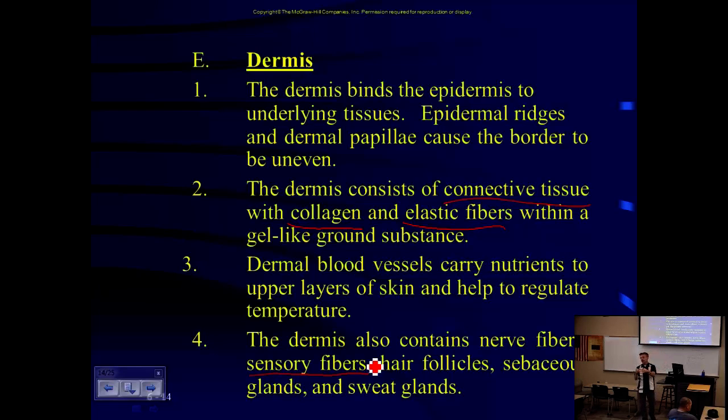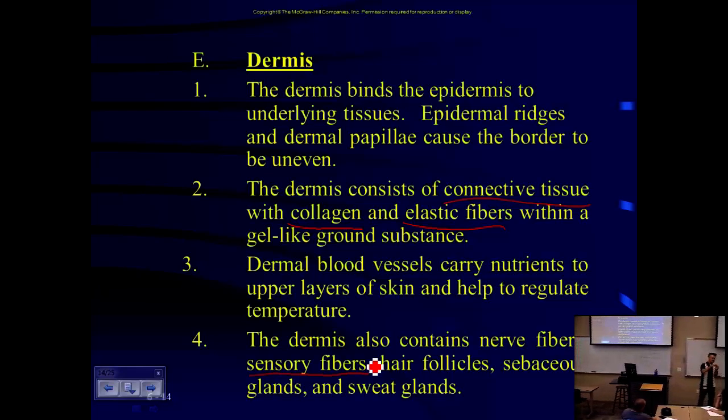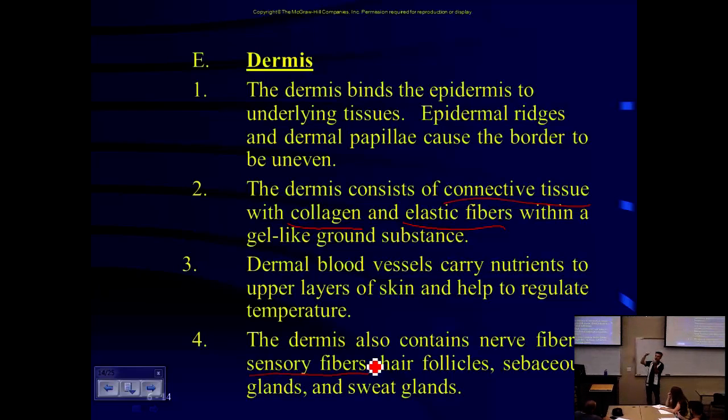But if that pore gets clogged, or if it gets bacteria in it, that's when you get a pimple. That's an infected little area that your bodily defenses have to go and get rid of those bacteria and try to then heal it over. But the sebaceous glands themselves, as they produce that oil, it's actually trying to keep the hair follicles lubricated.